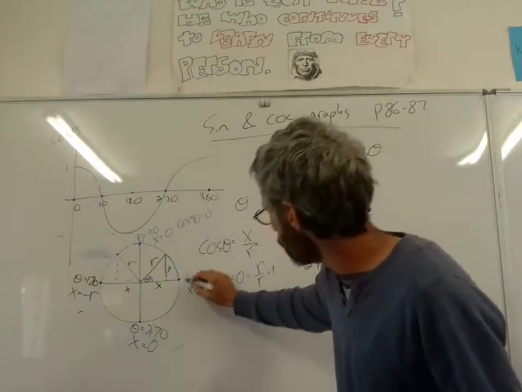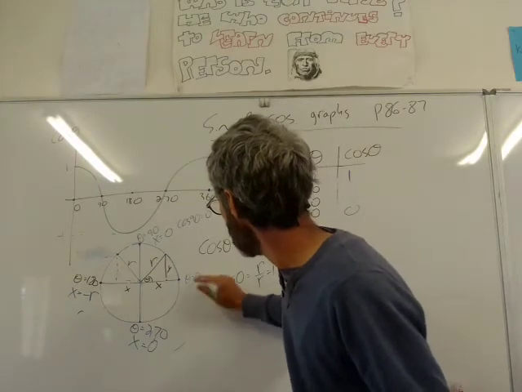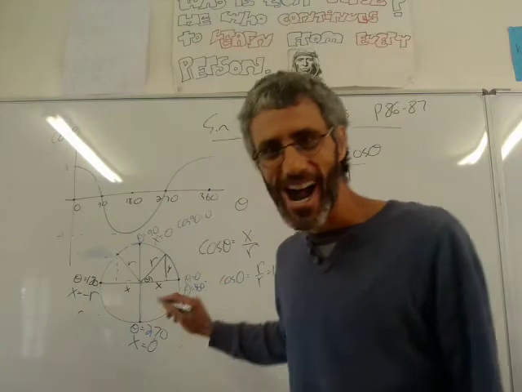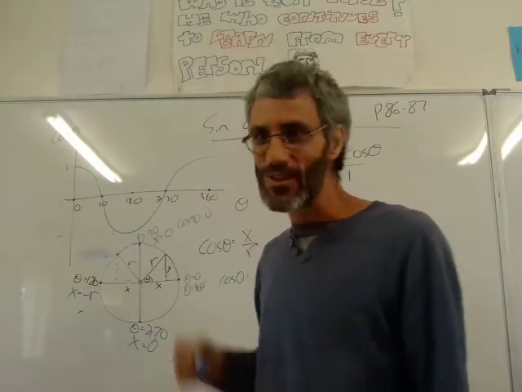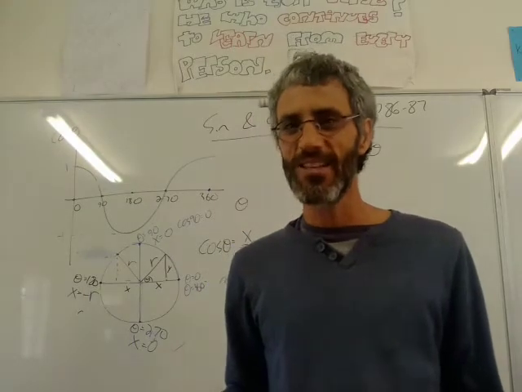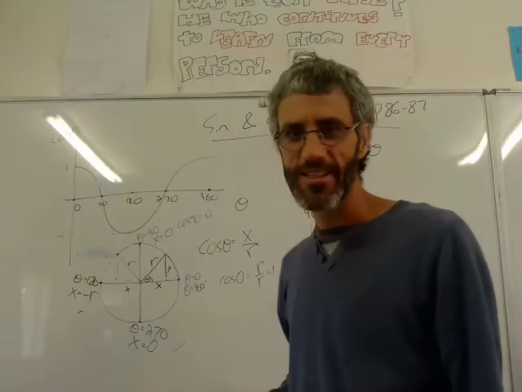Moving back to 360, okay, so now I'm at 360. Again, I got to where I started. So theta equals 360 is the same as theta equals 0. It's a periodic coordinate, okay?